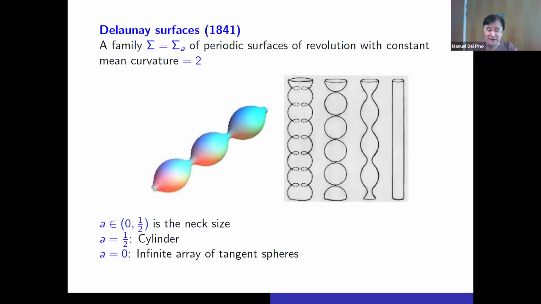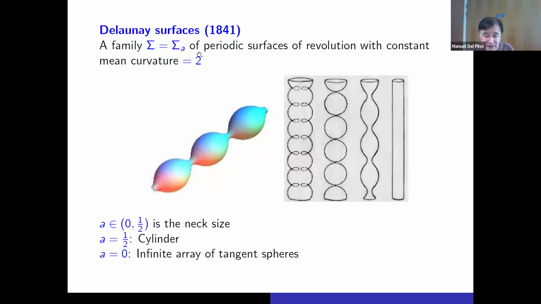Let me recall what I was telling Alexander a moment ago. What are the Delaunay surfaces? The Delaunay surfaces, let me remind you, are a family of periodic surfaces of revolution that have constant mean curvature. The constant mean curvature is something you can, of course, normalize. Say that I consider the family of surfaces of revolution with constant mean curvature equal to 2.